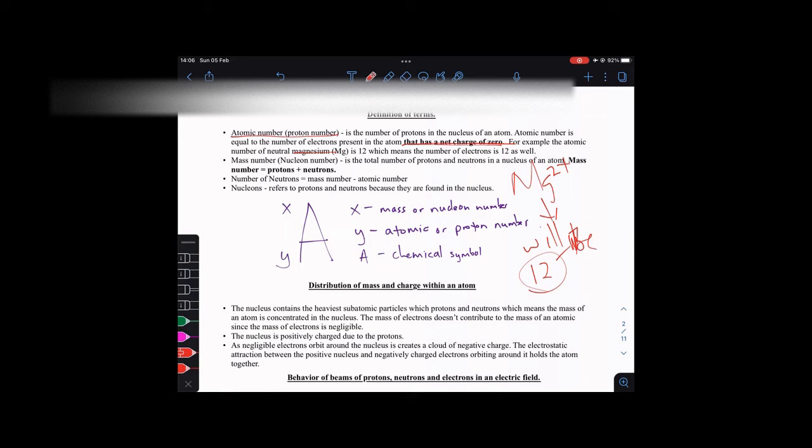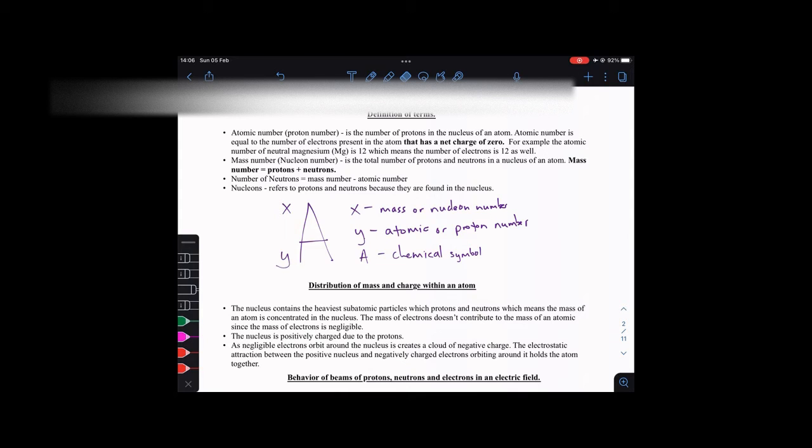We need to make adjustments. How many electrons have we lost? We lost 2 electrons, so 12 minus 2 leaves 10 electrons. A neutral atom has the same number of protons and electrons.